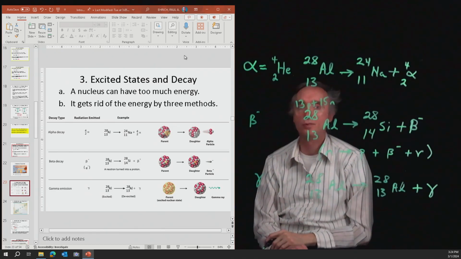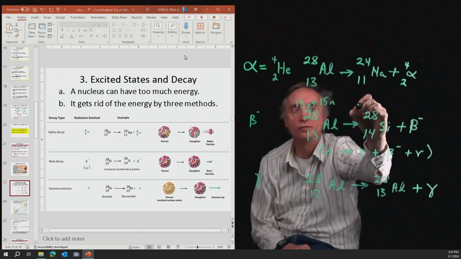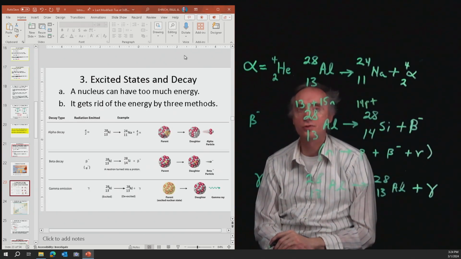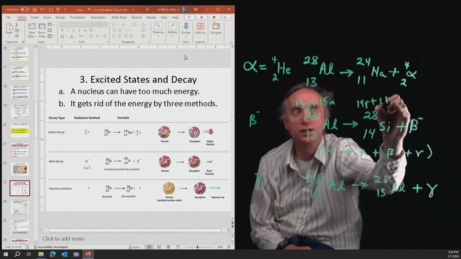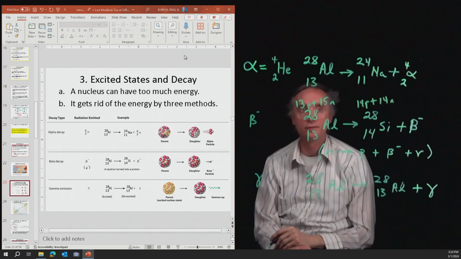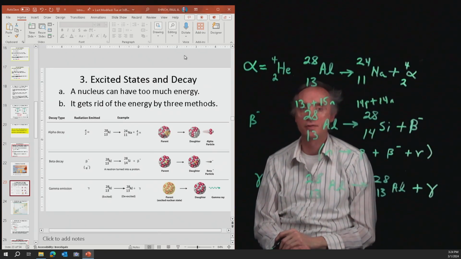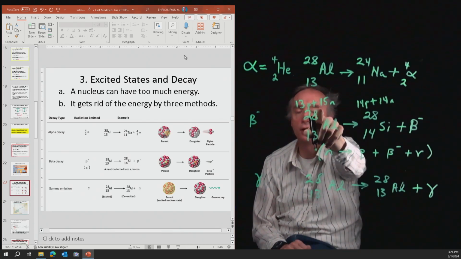neutrons. And then what did it do? Over here, we're going to have 14 protons plus, but one of the neutrons disappeared. So it's going to be 14 neutrons. And 14 plus 14 makes 28. So there was no change in the mass number of the element.